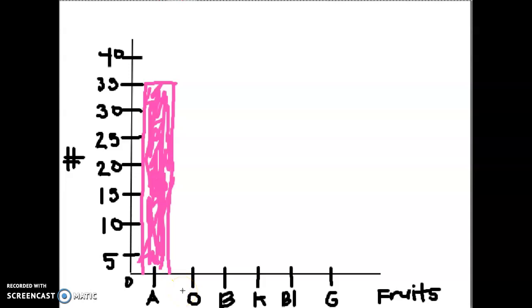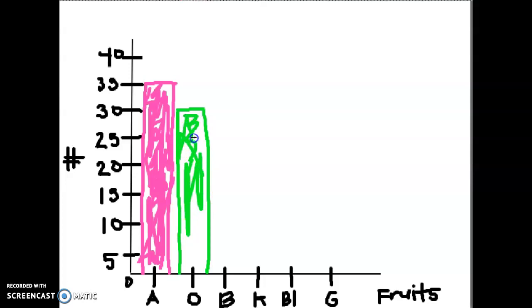And next we have oranges. So we're going to do the same thing we did before, choose a different color, and we're going to find the 30, which is here, and we're going to draw our bar for oranges and color it in so we know the differences.